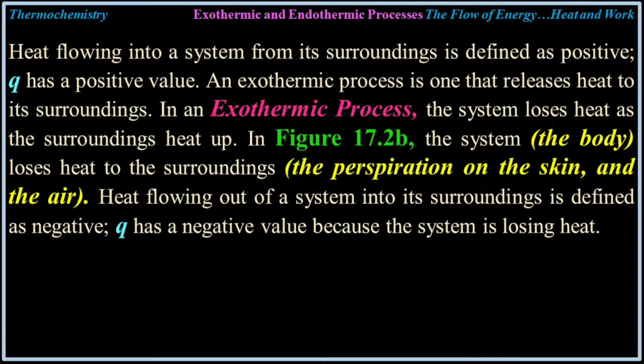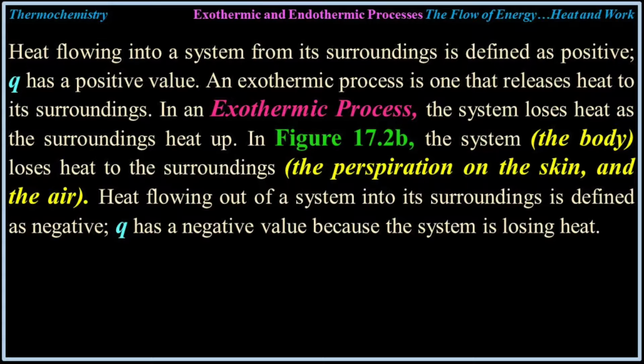More on that later. Heat flowing into a system from its surroundings is defined as positive. Q has a positive value. An exothermic process is one that releases heat to its surroundings. In an exothermic process, the system loses heat as the surroundings heat up.